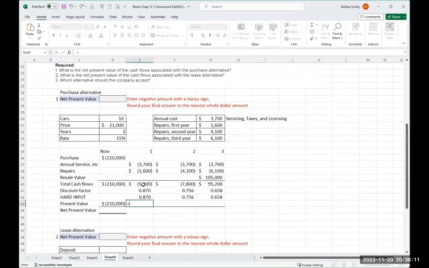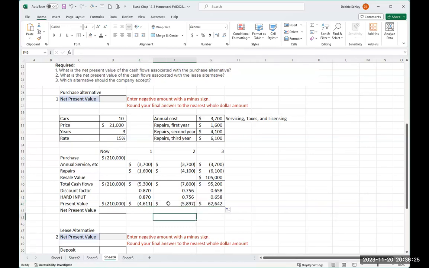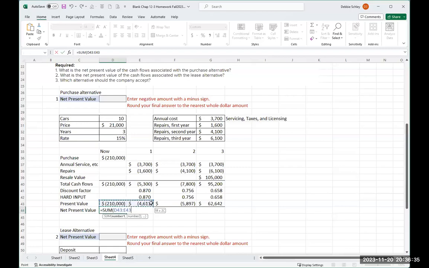Okay, now I can do the multiplication. So equals that total cash flow year 1 multiplied by the number I typed in. And I can drag that formula across, and it gives me each year's present value. And again, we need net present value, so we're going to equal sum, and reference all of these 4 numbers, close parentheses.